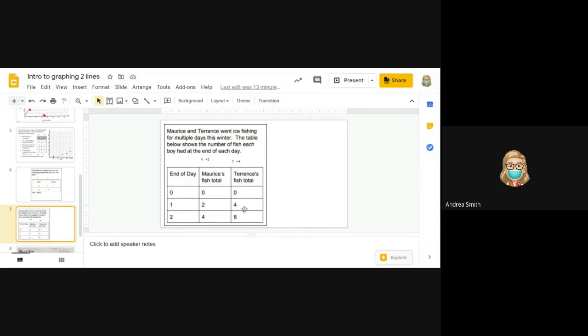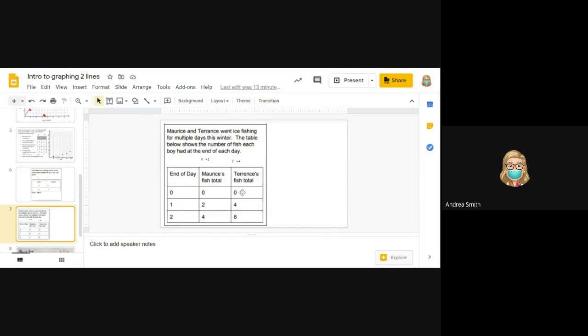Now, if you notice, I didn't tell you what the rule was. If I gave you Terrence's numbers of fish, he had 0 fish to start off with. He had 4 fish at the end of the first day. He had 8 fish at the end of the second day. Could you figure out what the rule would be for Terrence? His rule would be plus 4.